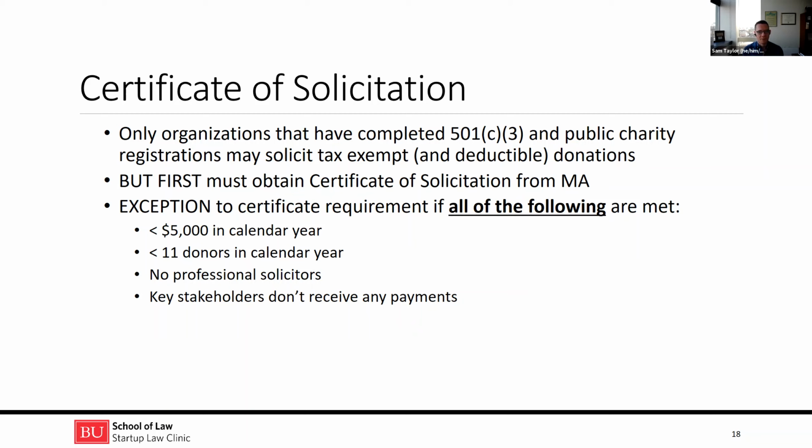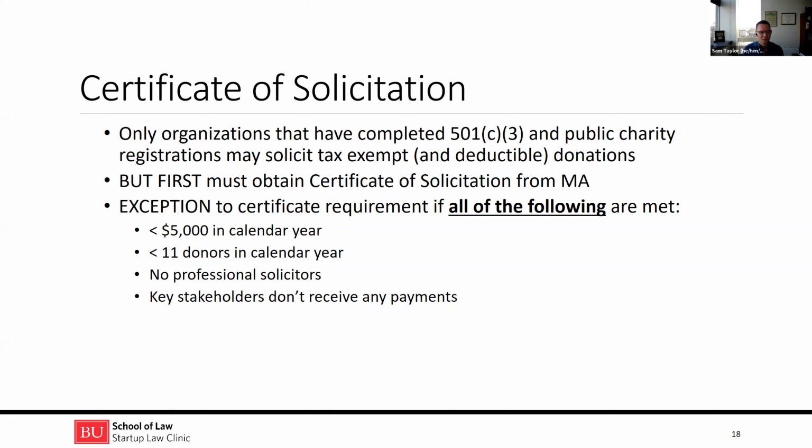So as Daryl mentioned earlier, only organizations that are actually recognized as 501c3 by the IRS may solicit deductible donations from donors, right? So a donor, if they make a donation, can deduct that donation from their own tax burden. And so that's a great benefit of being a 501c3, is that you can encourage donors by saying, hey, if you donate to our nonprofit, you can deduct this from your own taxable income.